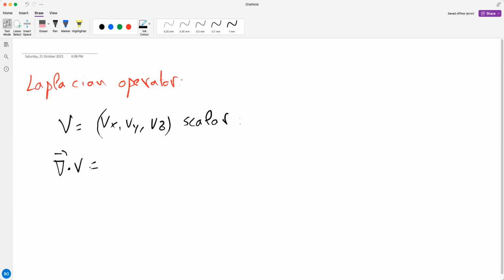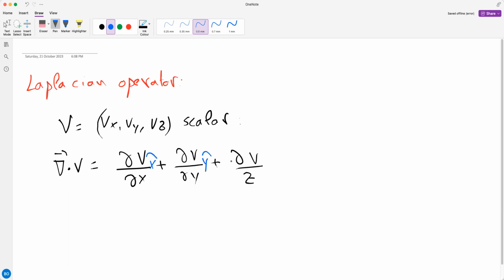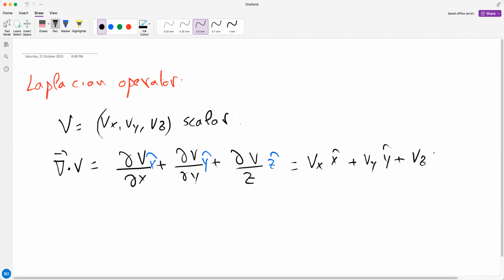This will give me the derivative of V with respect to x, plus with respect to y, plus with respect to z, which I can easily write as Vx x-hat plus Vy y-hat plus Vz z-hat.